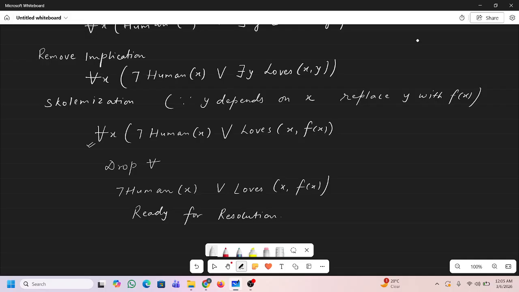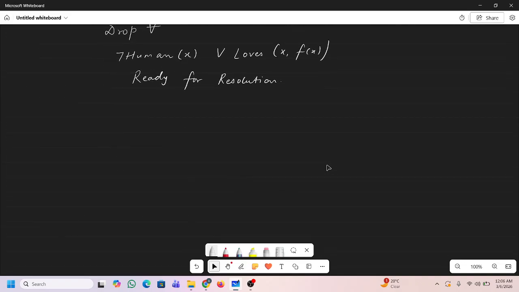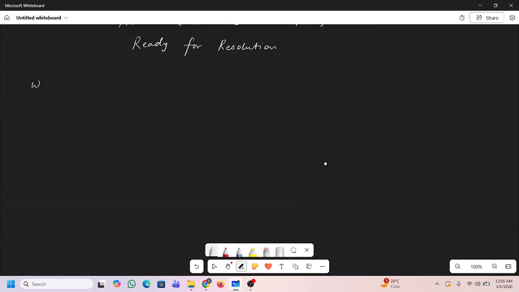I hope it is clear what is meant by resolution. Now, if you are having confusion about why dropping for all is allowed, this is because in first order logic, after Skolemization, all the remaining variables are universally quantified.